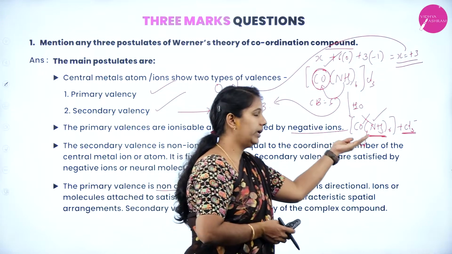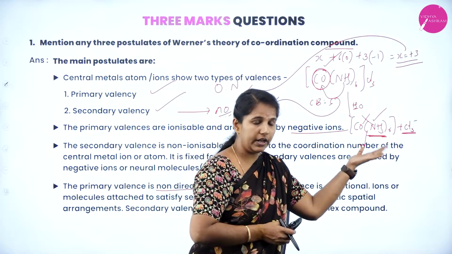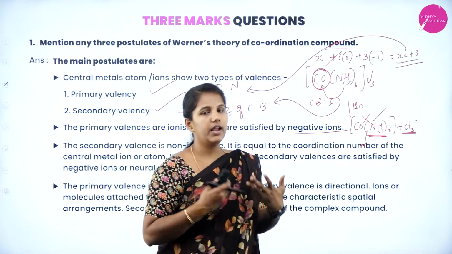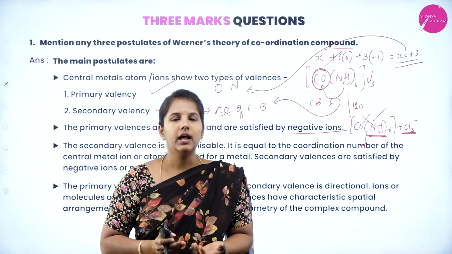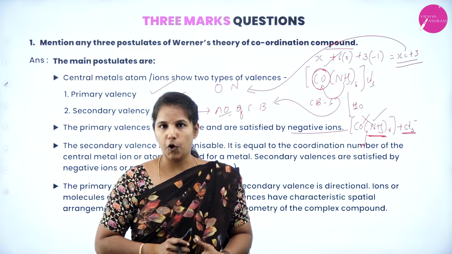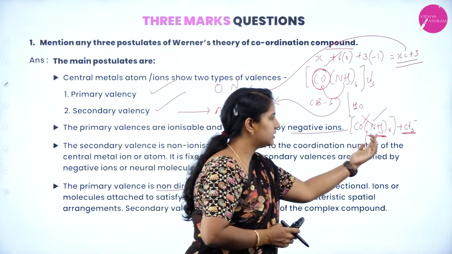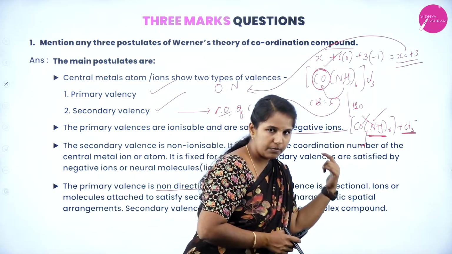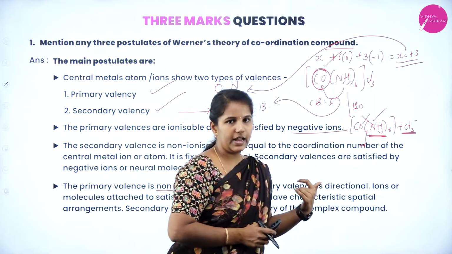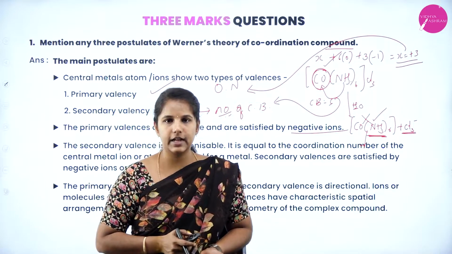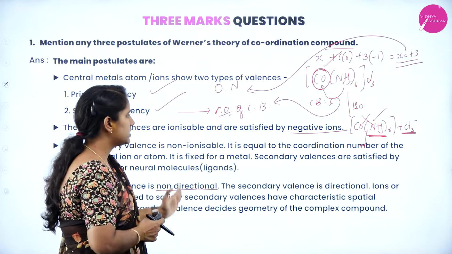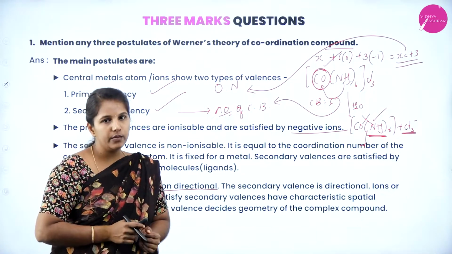By knowing how many ligands are coordinating towards a central metal atom, we can easily tell how many coordination bonds there are and what complex is formed. By looking at the ligands only, you can tell that 6 coordination bonds are possible with the amine ligand, so the complex will be octahedral. This was the postulate given by Werner.